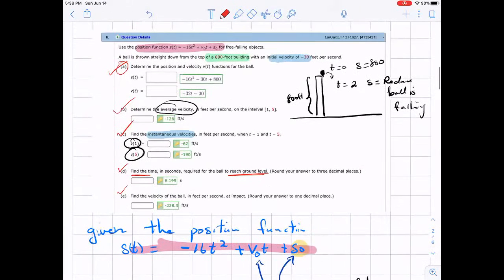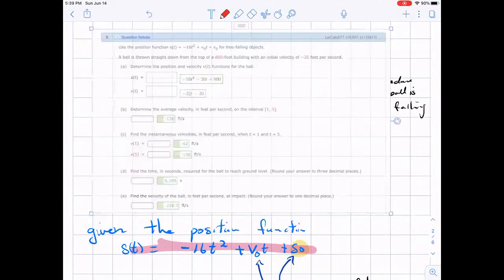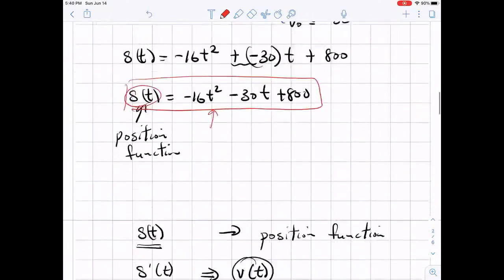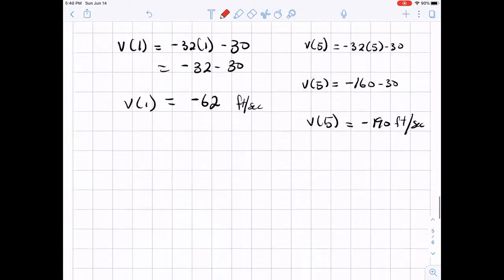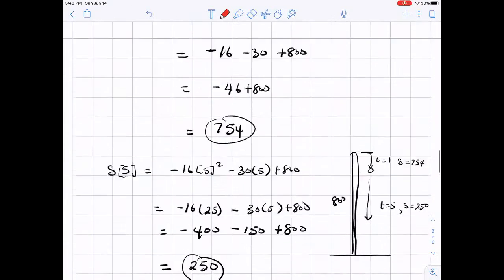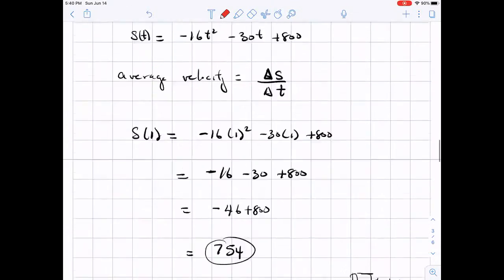If we go back and look, when this ball reaches the ground, s of some time is equal to 0. And you want to find how long that ball traveled before it reached the ground. So this is part D. s of t is minus 16t squared minus 30t plus 800.